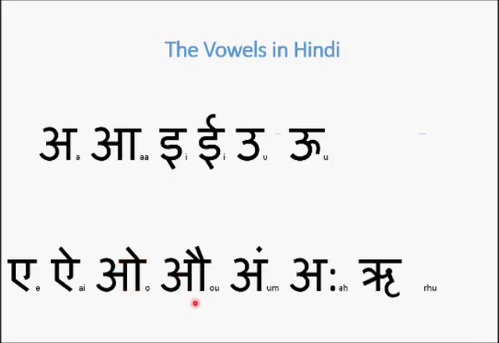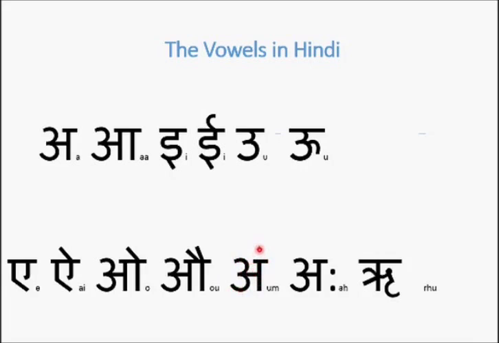Then we go on to OW, an extension of O. So with O, you have to add another slant on the top. That becomes your OW, cow, OW. Then we go on to what is an A with a dot on the top.